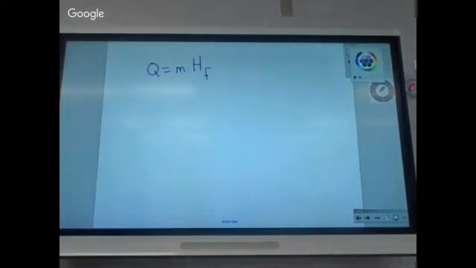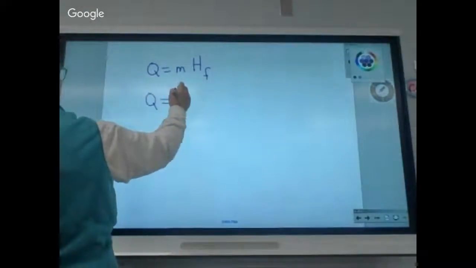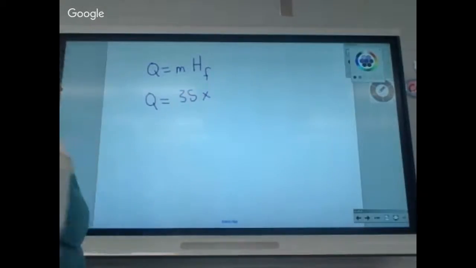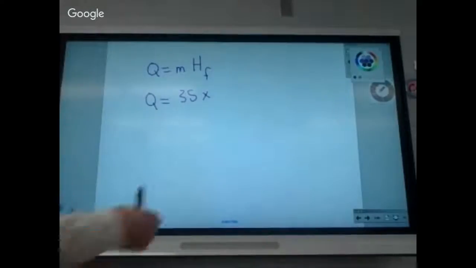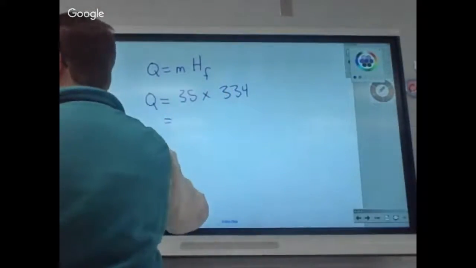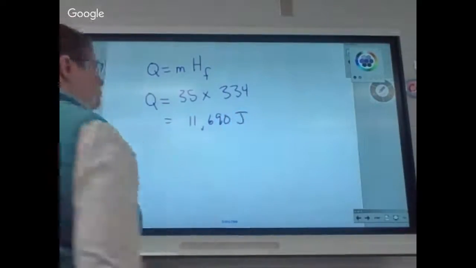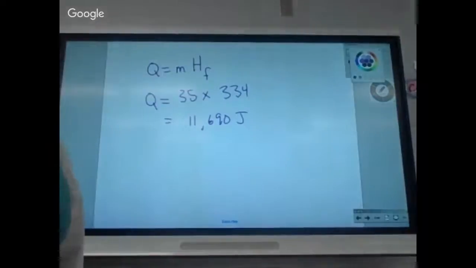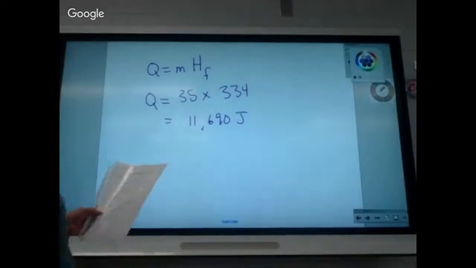We need Q. Mass in number 3 is 35. HF we look up on the blue sheet on the front page, and it's 334. Then we multiply. 11,690 joules. I chose the wrong one. You picked heat of vaporization. That's why. All right, number 4.